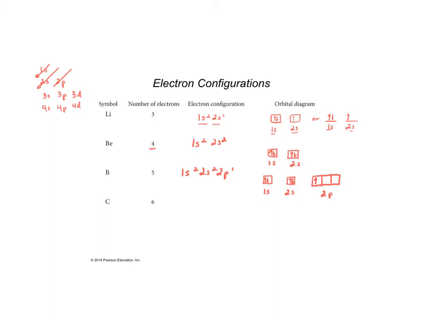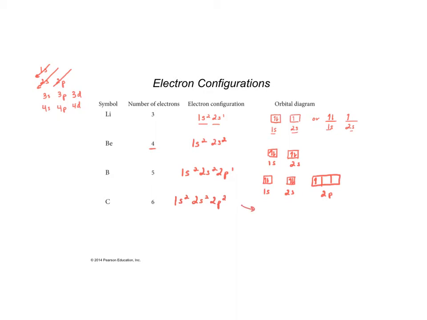Okay, so for carbon, carbon has 6 electrons, so first 2 in the 1s, second 2 in the 2s. Now, in the 2p, there are 3 separate orbitals, and each orbital can hold 2 electrons. Okay, so for carbon, both of those 2 leftover electrons are going to go in the 2p's.